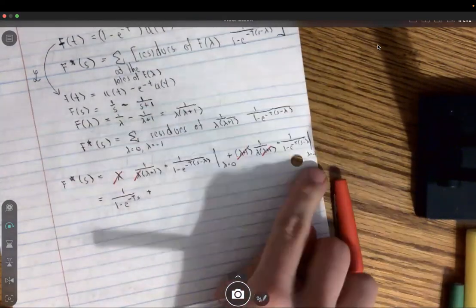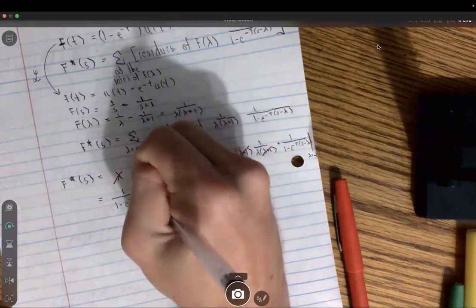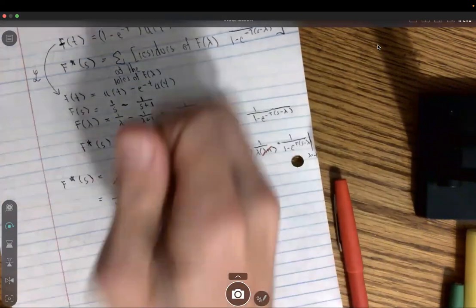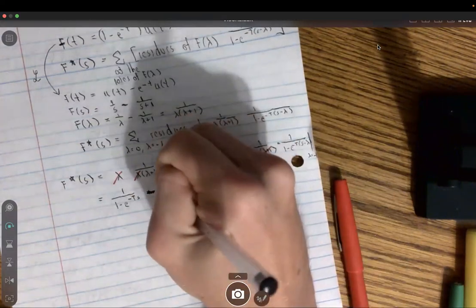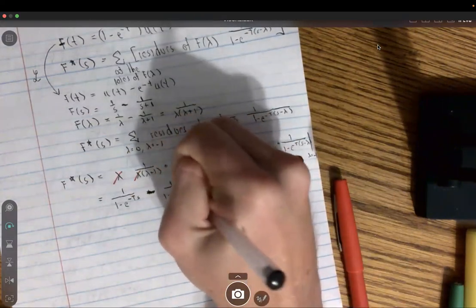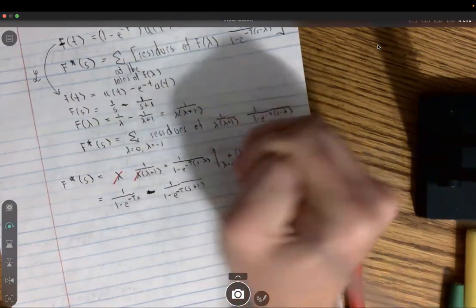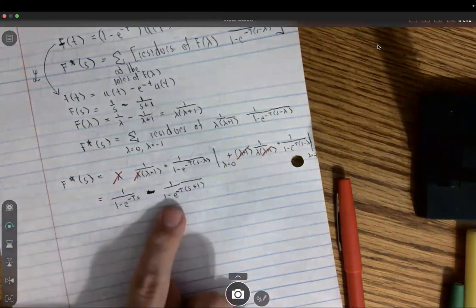Well, when you plug in negative 1, it'd be 1 over negative 1, so we're actually going to have a minus sign. And then it's going to be 1 over 1 minus e to negative t. And then it's going to be s, and then plug in negative 1 for lambda, so you get s plus 1.